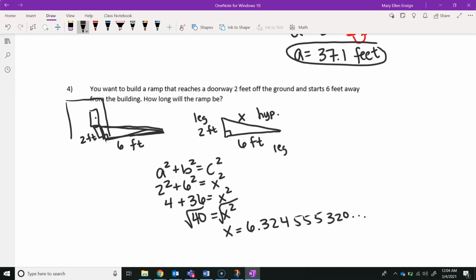Now, in this case, I was bad and I didn't tell you what to round to. So you can kind of choose, you know, if that happens, just show me what you did, right? So if you're going to round to the nearest 10th, then I want to just see that you rounded to the nearest 10th, right? So this is feet.